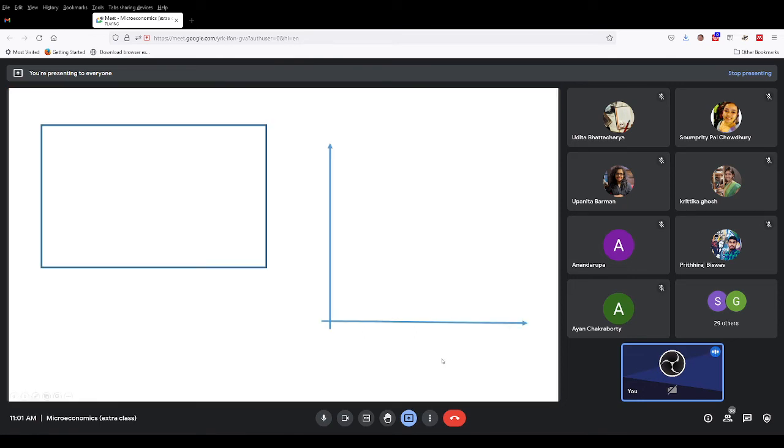See, this is the Edgeworth-Bowley box, OX, OY, and this is the contract curve.